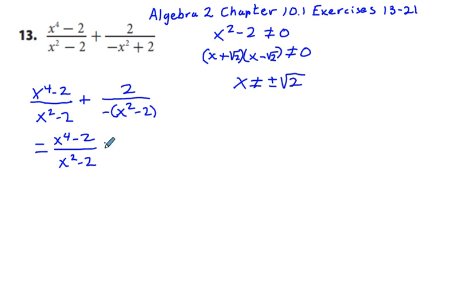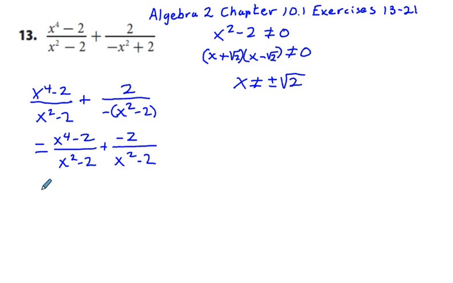So we have plus negative 2 over x squared minus 2. So now we have a common denominator.